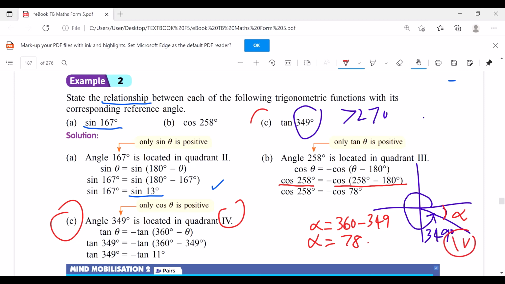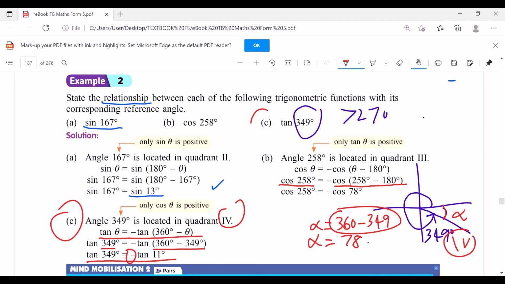Okay, so you write it like this. Tangent theta equals tangent of 360 minus theta. Tangent 349, you minus, use the formula. And then it is actually negative tangent 11 degrees. Why negative?